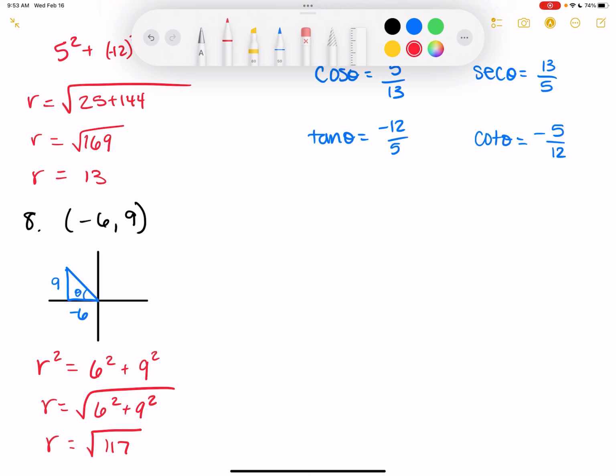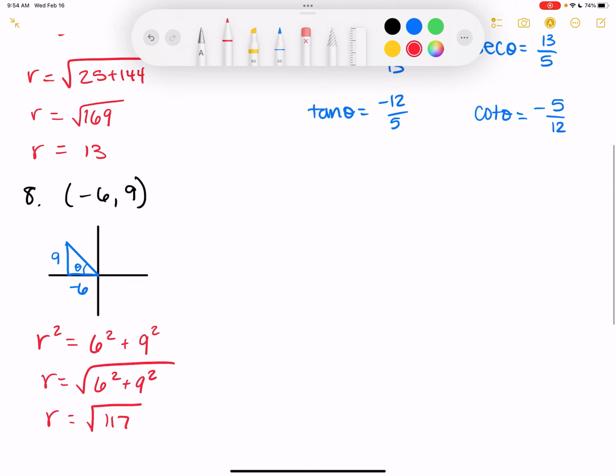But with a number that's obnoxious like this, for consistency, let's just leave it. So we'll do the square root of 117. If you're so ambitious that you're dying to break it down, you can. So now we're going to set it up for what we're solving for.